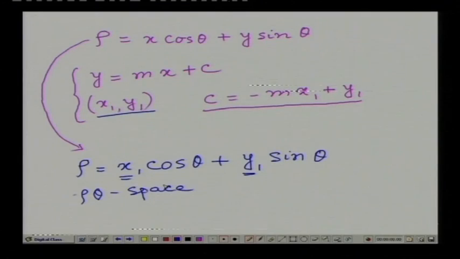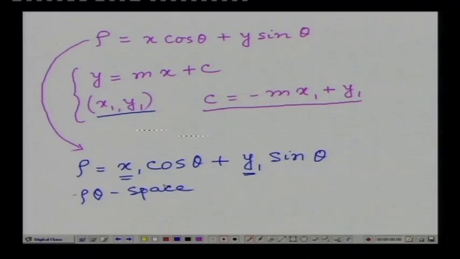In this case, the same q number of collinear points in the xy plane will be mapped to q number of sinusoidal curves in the rho theta plane, but all those sinusoidal curves will intersect at a particular point, at the single point, which gives us the values of rho and theta, which are the parameters for the straight line on which all those q number of collinear points lie.